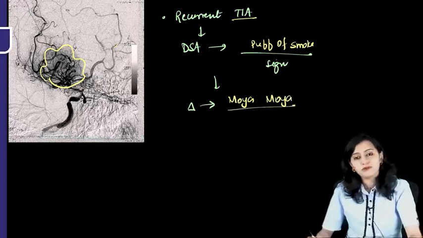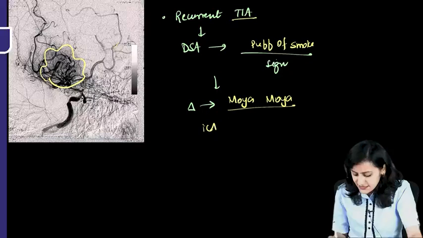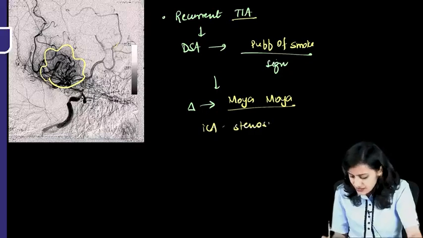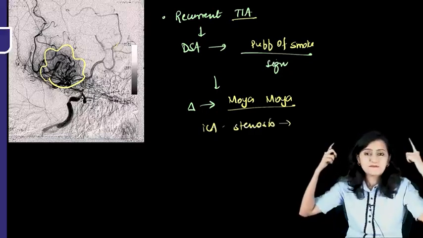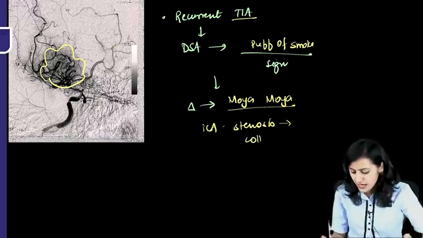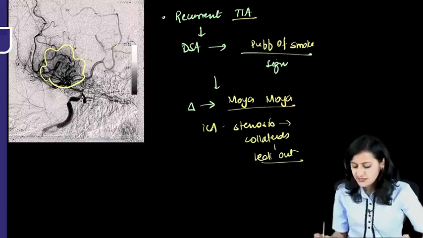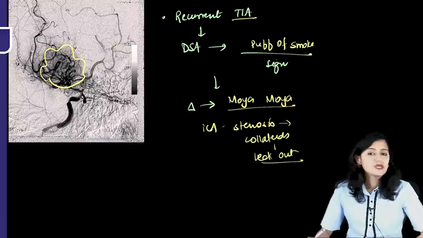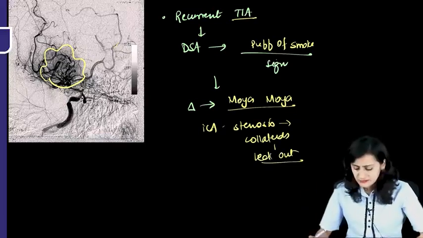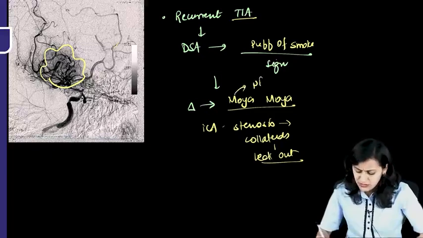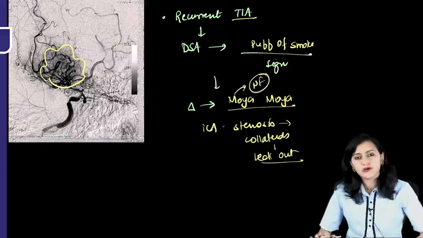What is Moya? It is the internal carotid artery stenosis leading to decreased blood supply to brain, formation of collaterals, and these collaterals leak out the contrast. So that gives the puff of smoke appearance in Moya. Remember, Moya is also associated with neurofibromatosis.